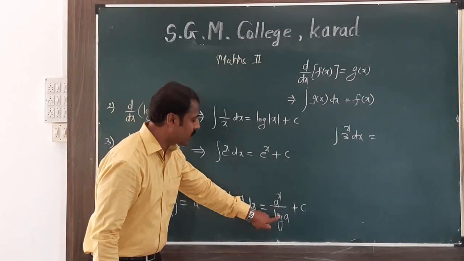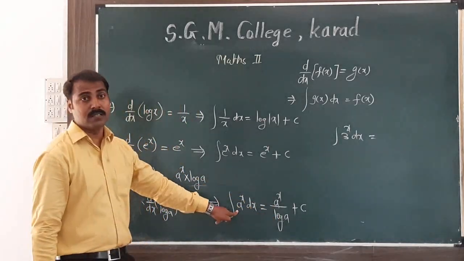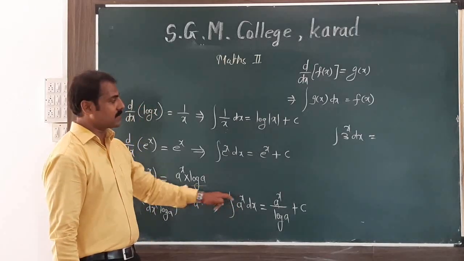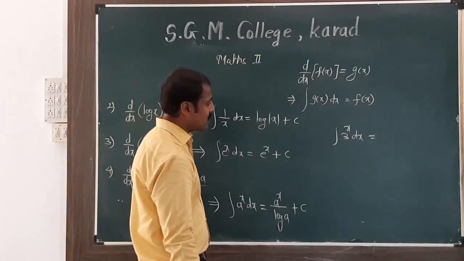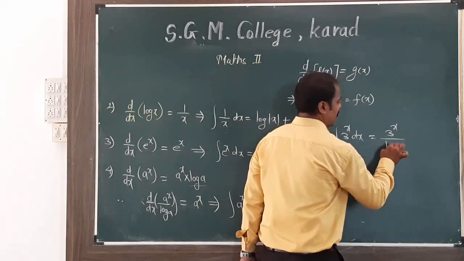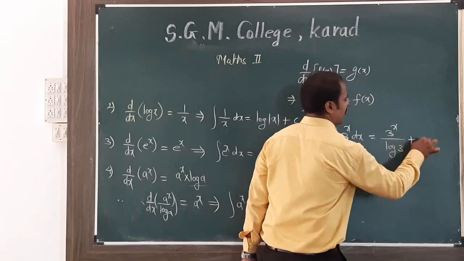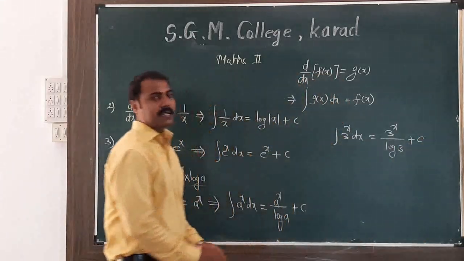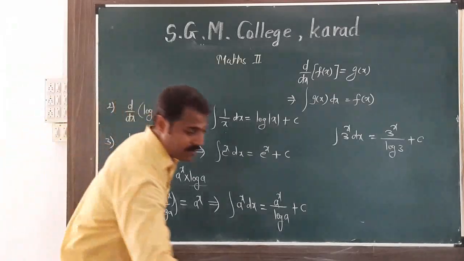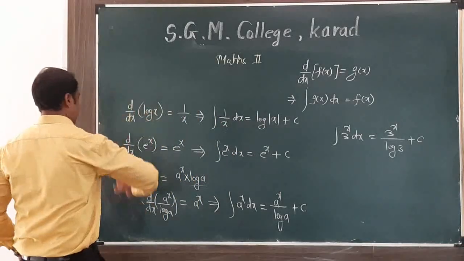A raised to x divided by log a, and here the base is what? A, constant, and the power is what? Variable, x. So integration of 3 raised to x dx is equal to 3 raised to x divided by log 3 plus constant of integration c.